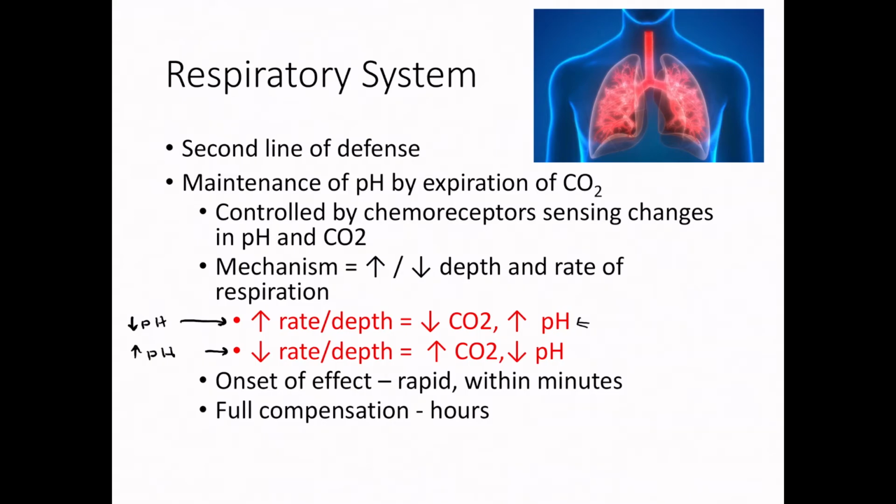So that would cause your pH to decrease. So remember, the more CO2 I blow out, the higher my pH goes. The more CO2 I trap, the lower my pH goes. So that's becoming more acidic if I trap, more basic if I blow out. And again, this onset of effect is rapid, within minutes, and you have full compensation within hours.